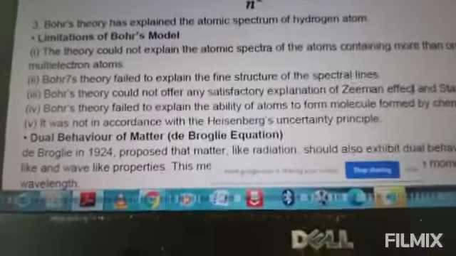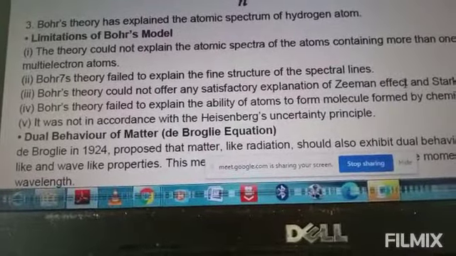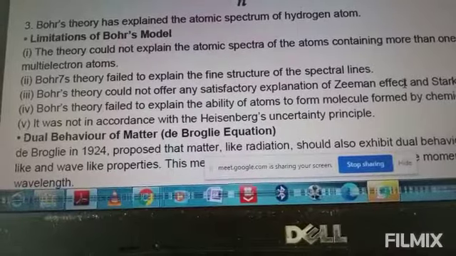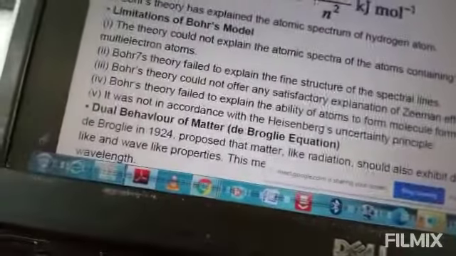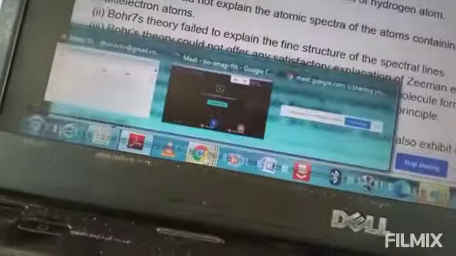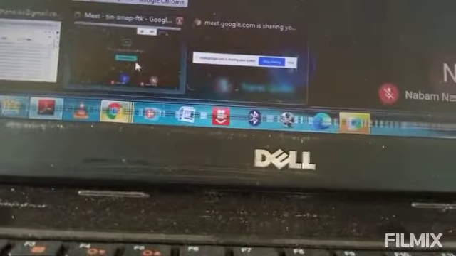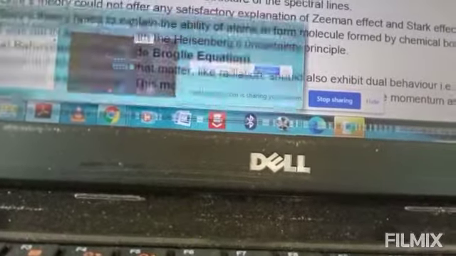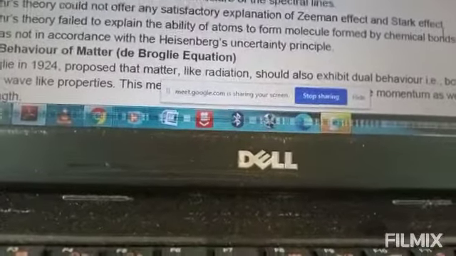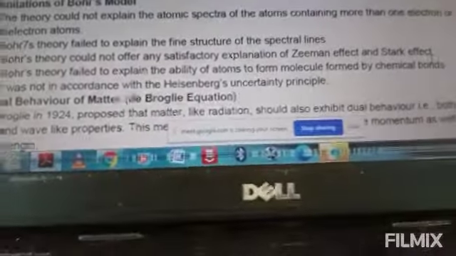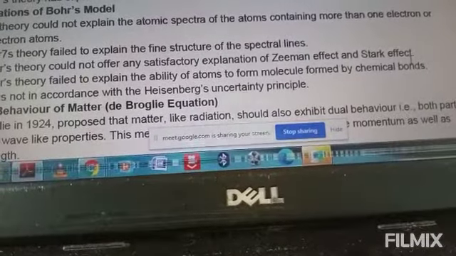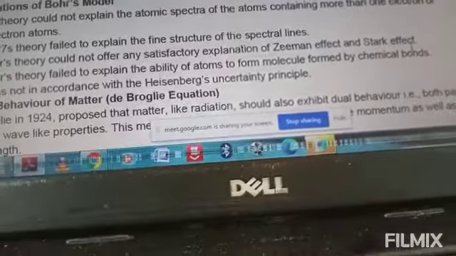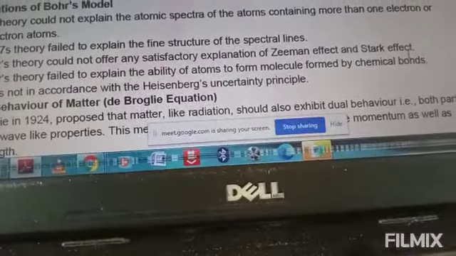Whereas the splitting of spectral lines in presence of electrical field is called as Stark effect. S-T-A-R-K, Stark effect. So you need to understand what you mean by Zeeman effect and what you mean by Stark effect.